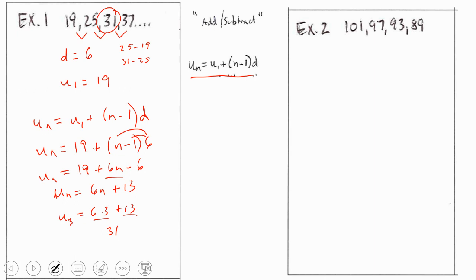The second example, again, find the common difference. If it's getting smaller, the common difference is negative. So in this case, the common difference is -4. The first term is 101. So U sub n equals U sub 1 plus n minus 1 times d. And then you just plug in your numbers.